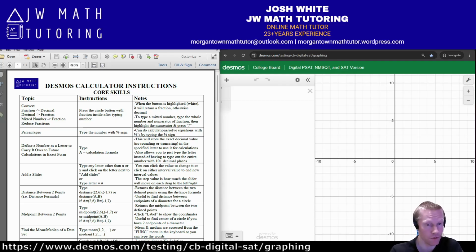So if I knew who that person was, obviously I would give that person credit, because most of the problems are from this worksheet. There are some others though that I basically just made up on my own. But you can also find a link in the description to a PDF version of the worksheet problems as well, if you want to work on them exactly as I'm going through them in the video.